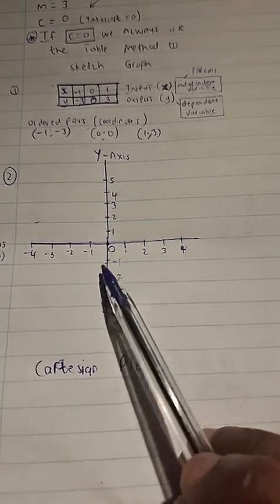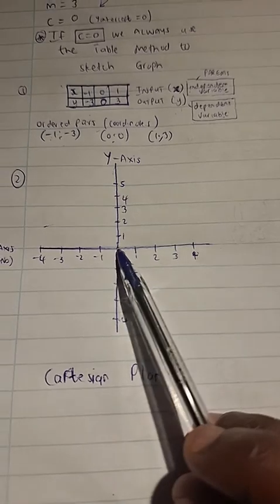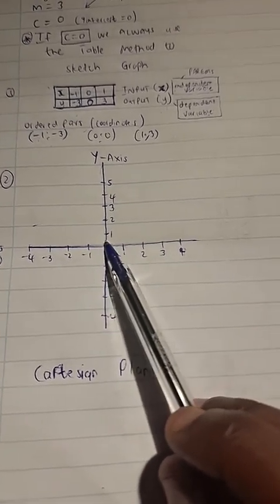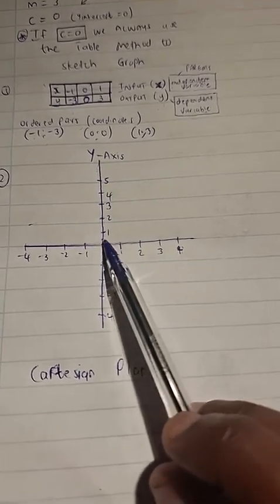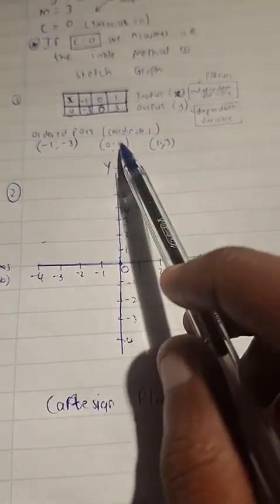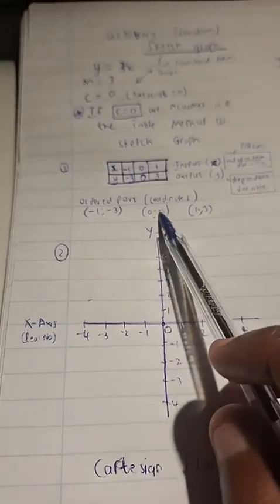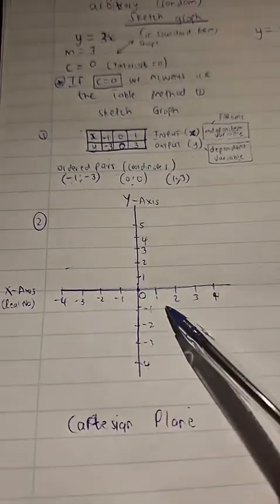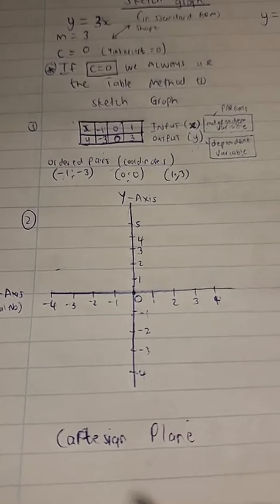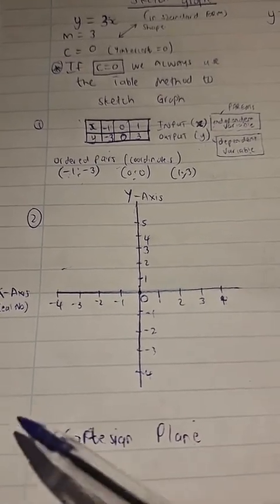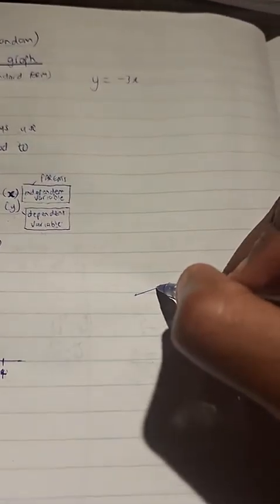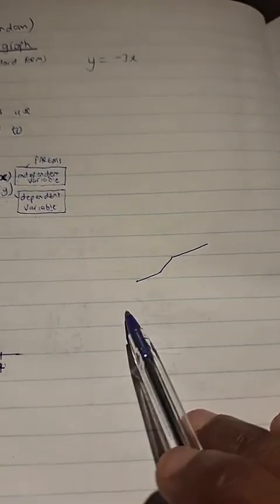What you want to do is make sure that the distance from 0 to -1 is the same for your measurements, because when you begin to identify the points that I have found from my table, those points, when I connect them, need to produce a straight line, not a dot to dot line that is not straight.